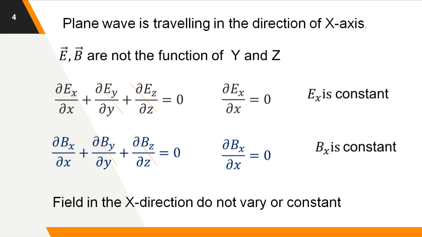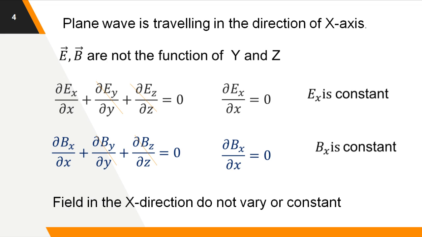Understood? So from the first and second equations we got that if the wave is traveling along the x direction, Ex, the electric intensity value along the x direction, is constant, and Bx, the magnetic intensity value along the x direction, is constant, they are not varying.